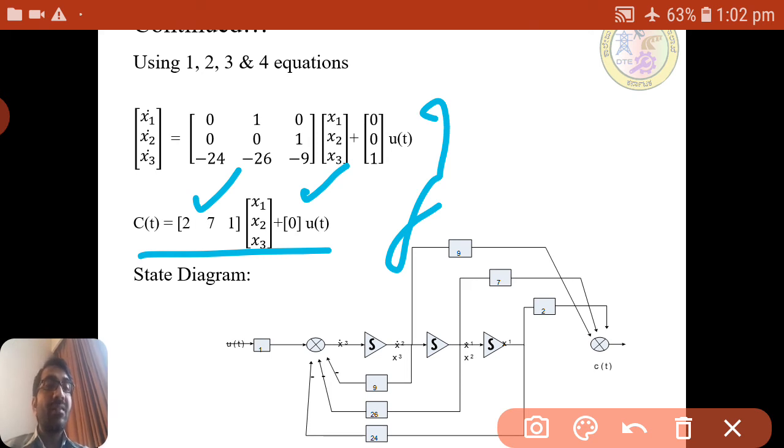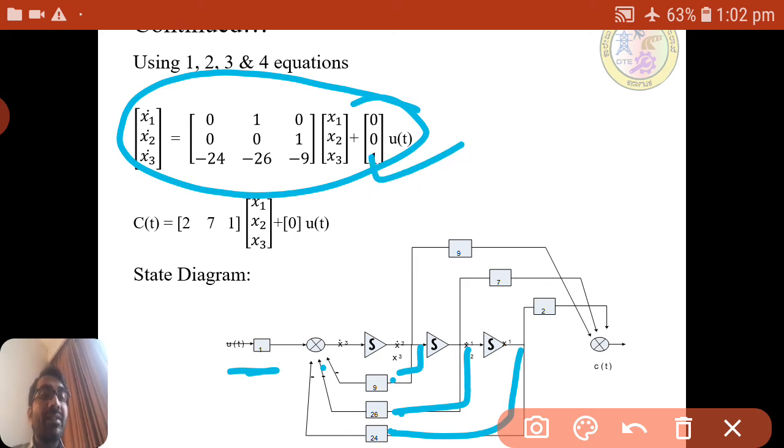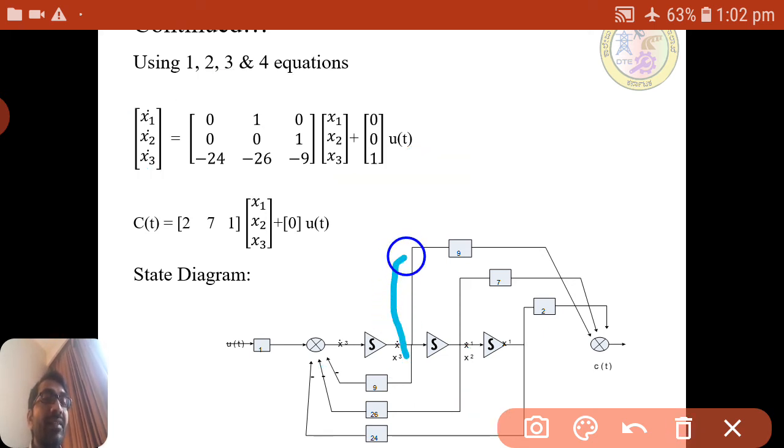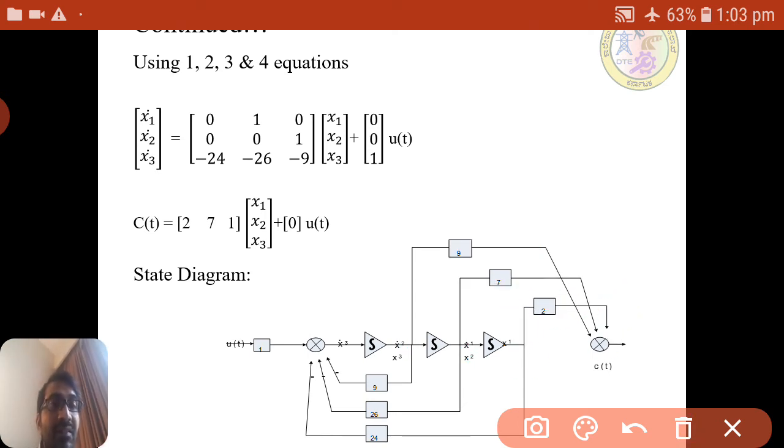The state diagram for this is drawn with x3, x2 and x1, with the feedback gains minus 9, minus 26, minus 24, and the input as 1. The same c of t we can give as 2, 7 and 1.